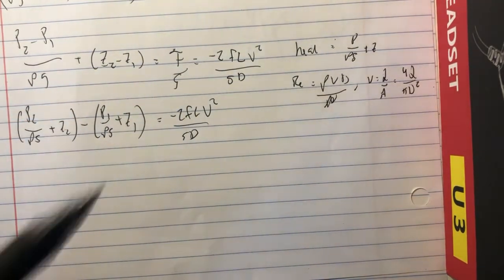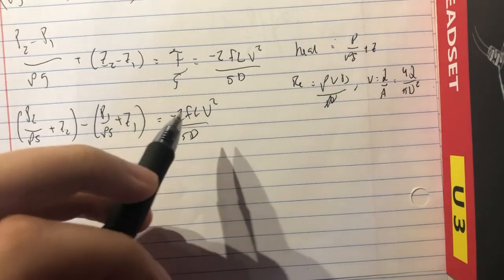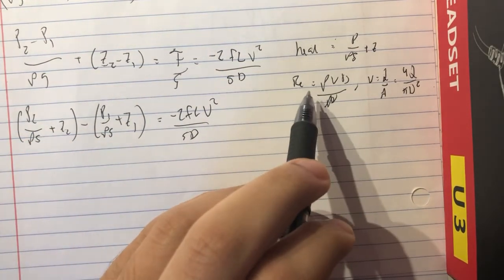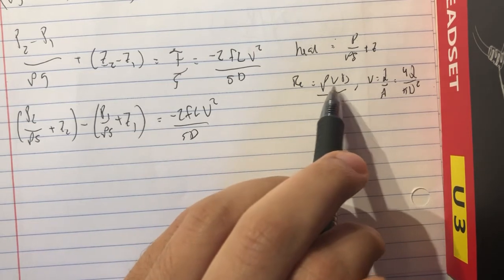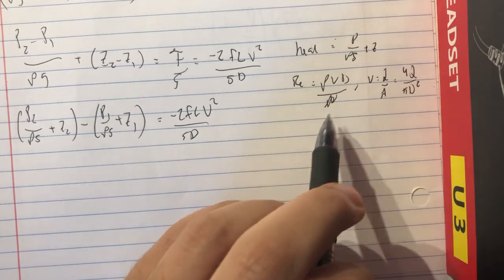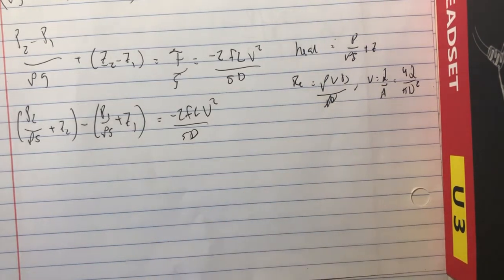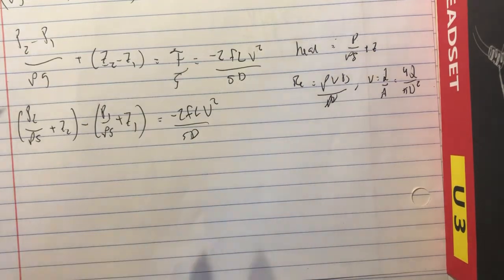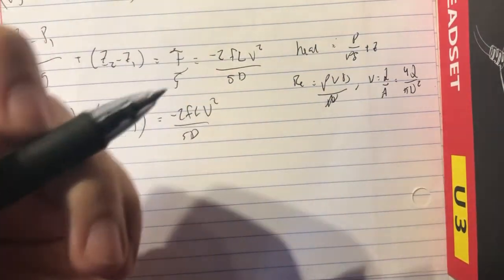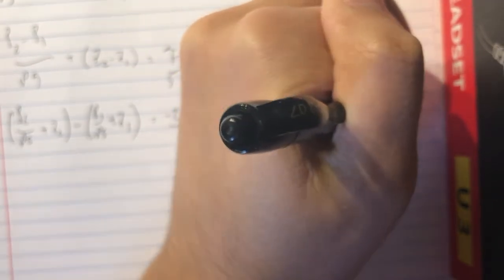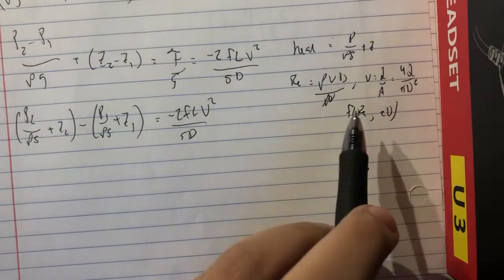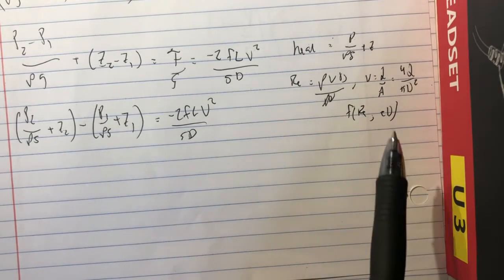That's a way that uses the Reynolds number, which is the density times the velocity times the diameter of the pipe divided by the viscosity of the fluid. We also use the roughness of the pipe, epsilon over D. So f can be rewritten as a function of the Reynolds number and E over D. So what does that mean for us?